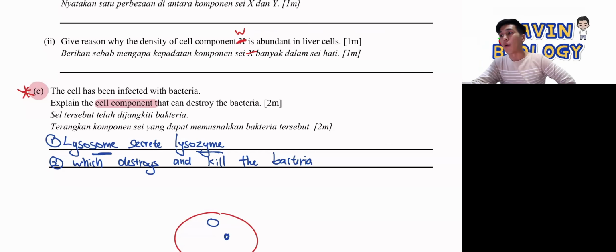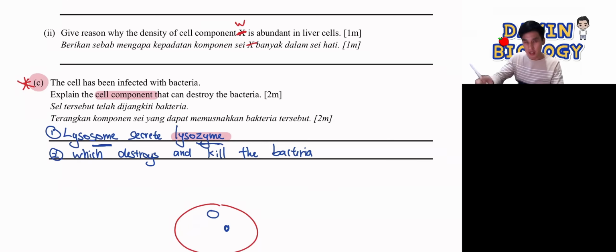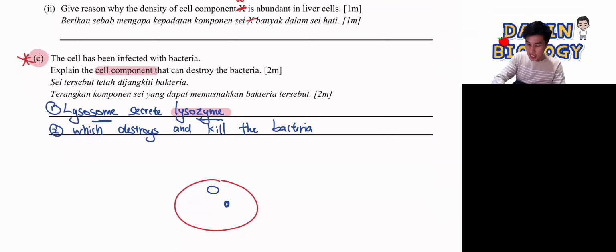Can, but I would prefer you to write lysozyme. Actually, hydrolytic enzyme, most of the time they accept. But I think lysozyme would be a better answer. If say hydrolyze can, which hydrolyze the bacteria, can also. Actually better. You can say which hydrolyze and kill the bacteria. Hydrolyze means you break down the bacteria.